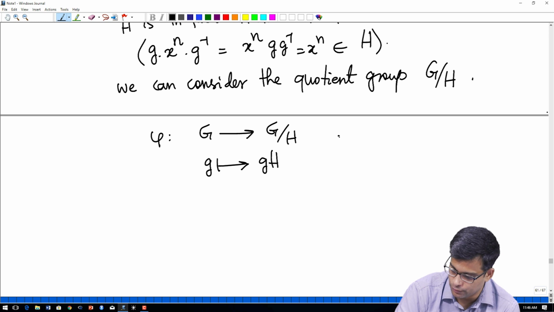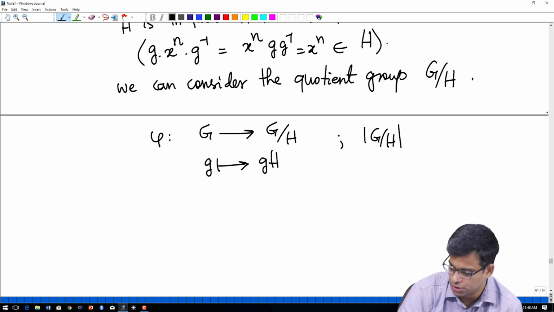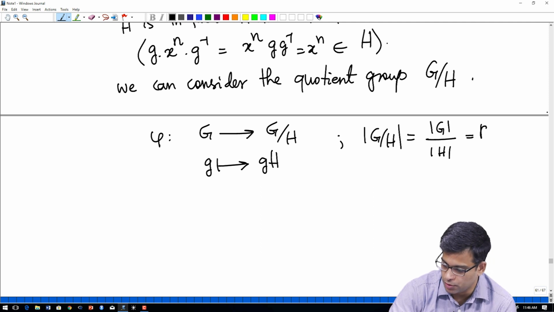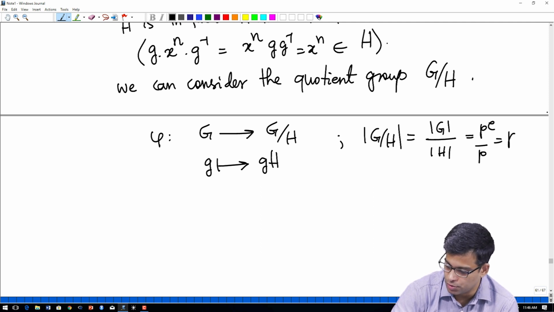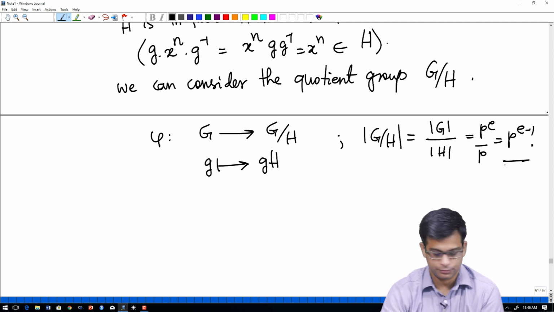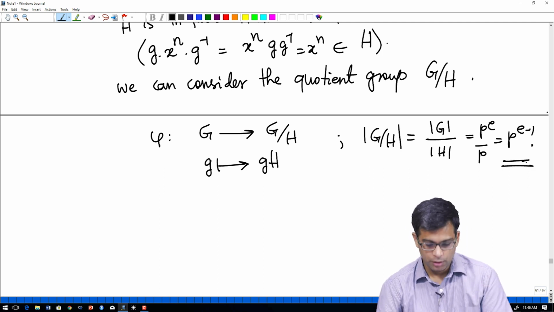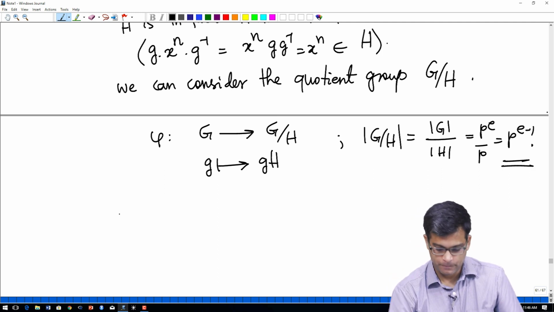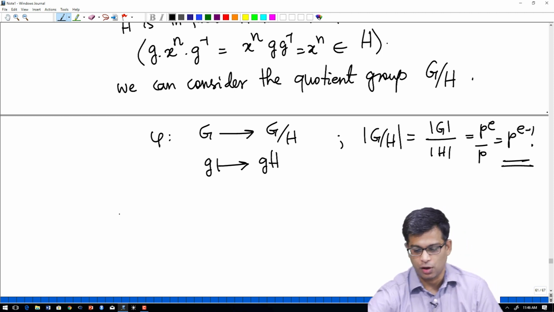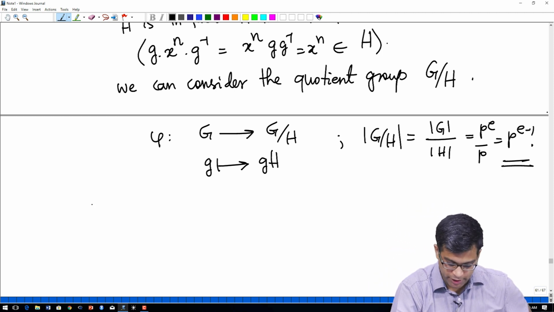What is the order of G mod H? By the counting formula, this is the ratio, p^e over p, so this is p^(e-1). Now, I am going to basically solve this problem by induction. So, we use induction.